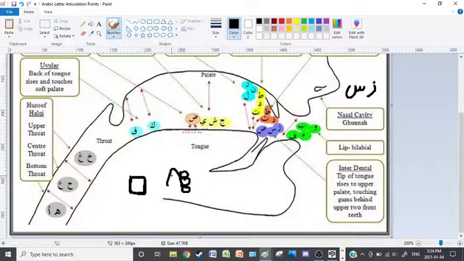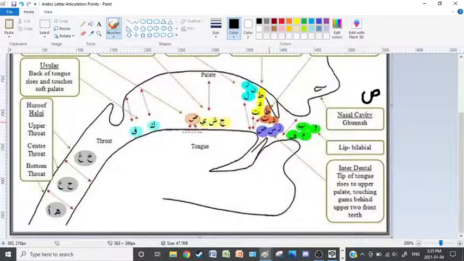That helps with the pronunciation as well. Let me just draw the lips here. Sod. And I will write it here as well. Sod.